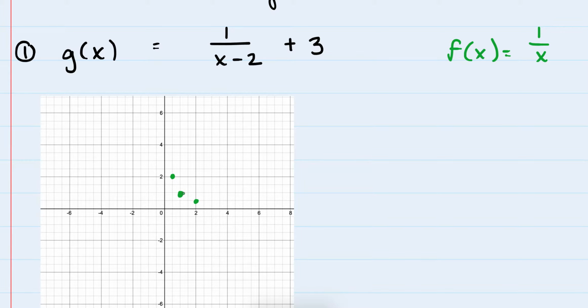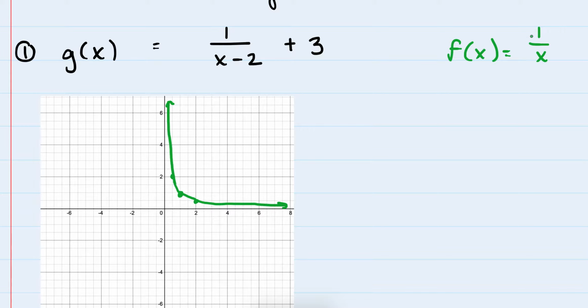So your graph, I just want to try to draw something as close to what the graph looks like as possible. So it looks something like this. Just review the graph if you don't remember. Just look back at your notes. So this portion is like that.